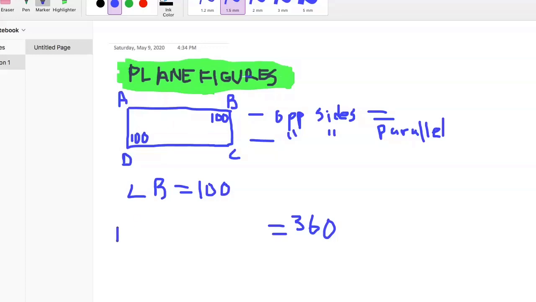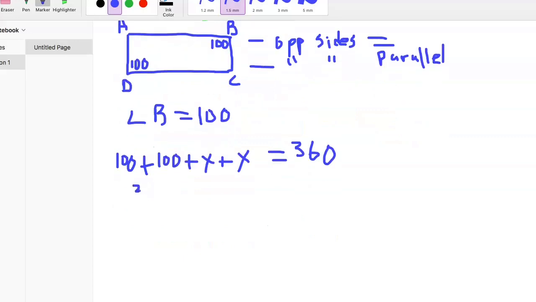But we don't know what they are. So we have 100, and another 100, and then two variables we don't know, X and X again. That's A and C. If we combine that up, we get 200 plus 2X equals 360.